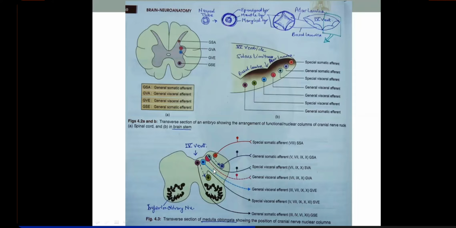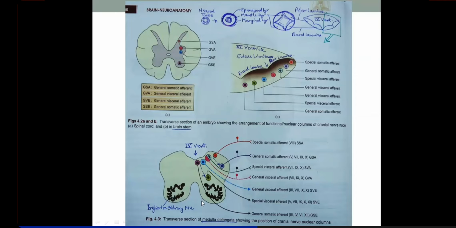So this is the cut section of the upper medulla. Look here, in the pons there is such a widened fourth ventricle, but in the medulla it is narrowed. This fourth ventricle is a diamond shaped ventricle. Being diamond shaped, because of the maximum flexure at the lower pons, you find it so widened here.